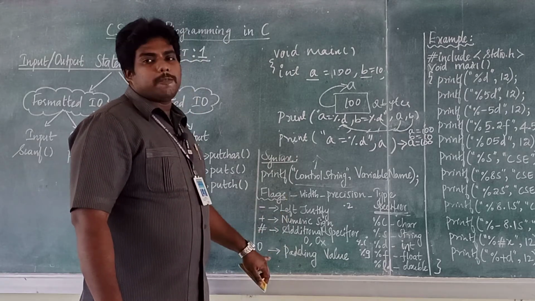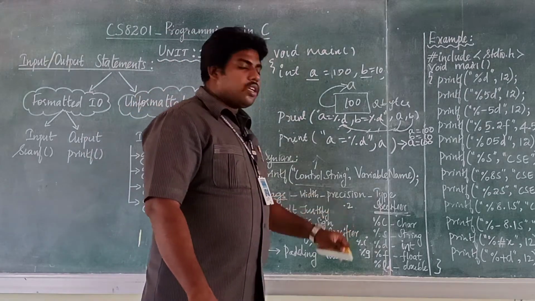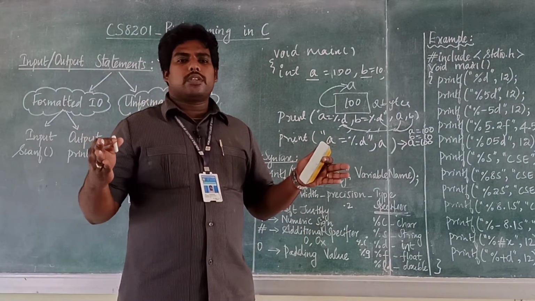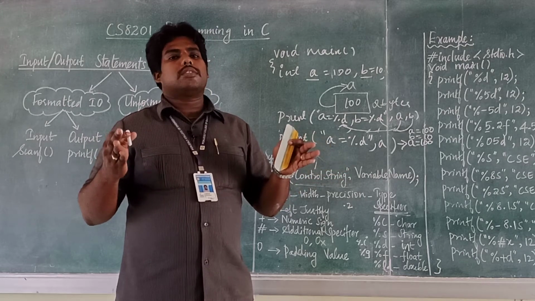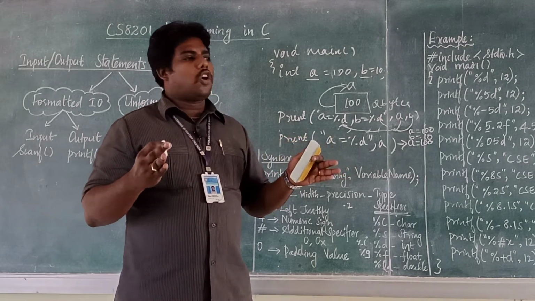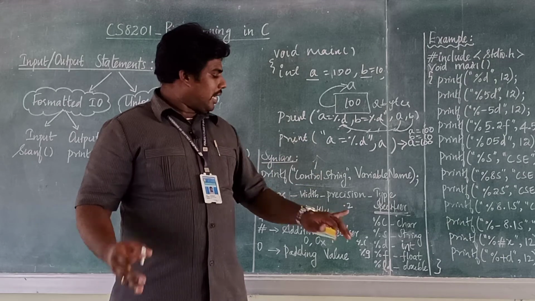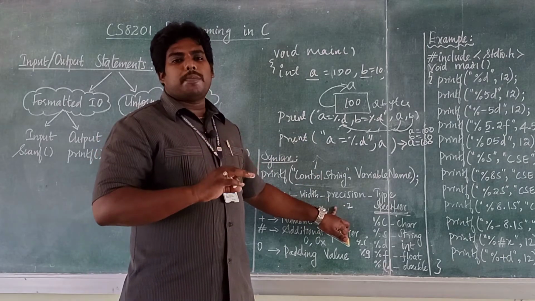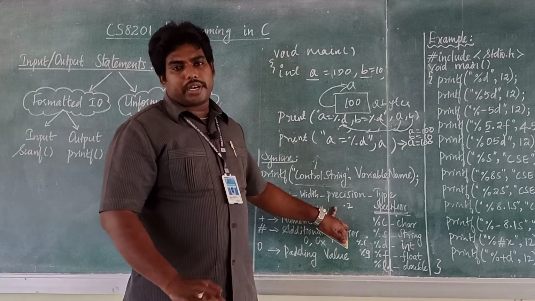It is optional. The second one is width. What is width? Width is nothing but the size of the output, the number of values in the output. Precision means after the decimal point, how many values are required.